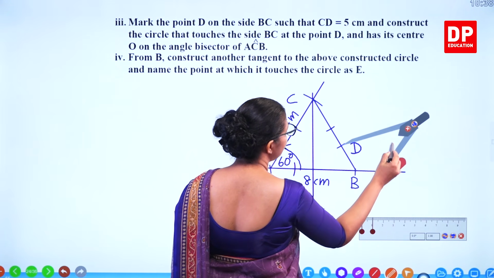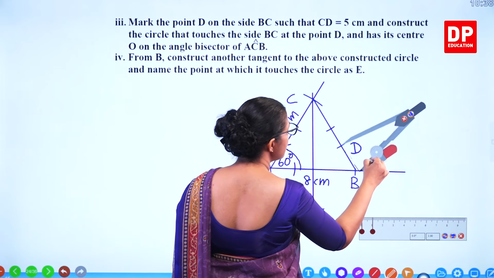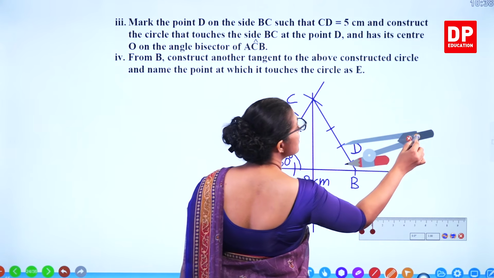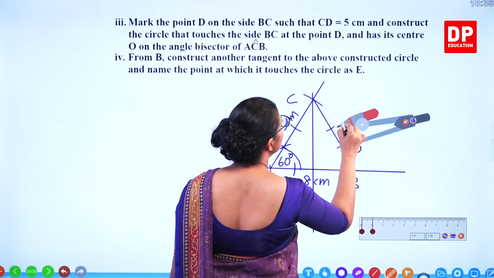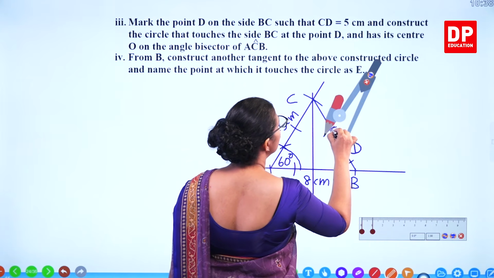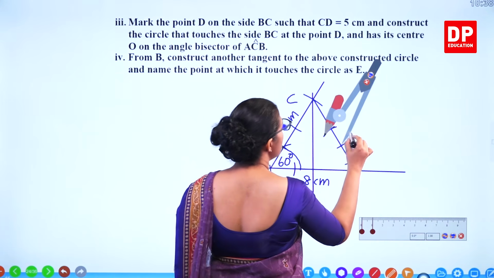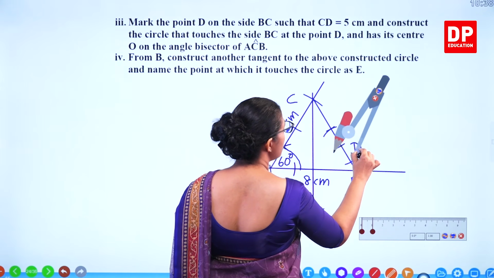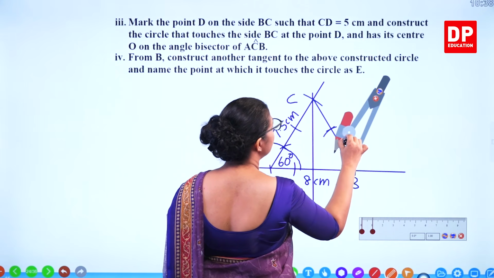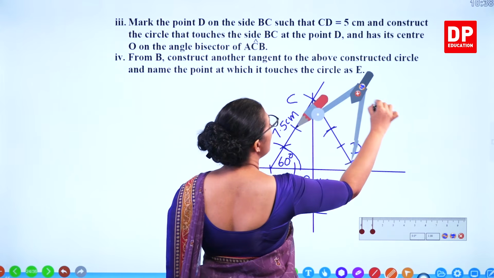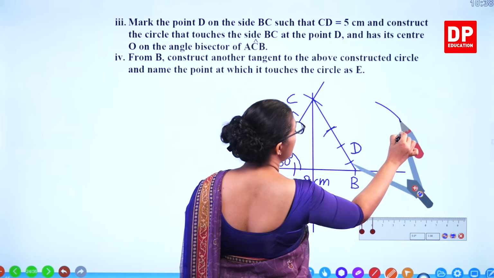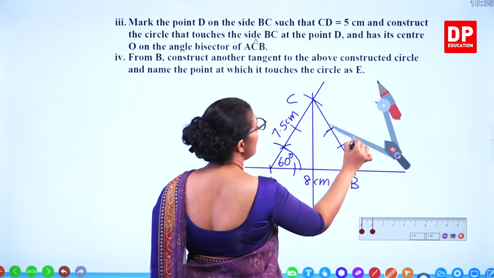How do you draw it? You take any distance, draw 2 arcs on both sides, and then take a longer distance and draw an arc here and here.